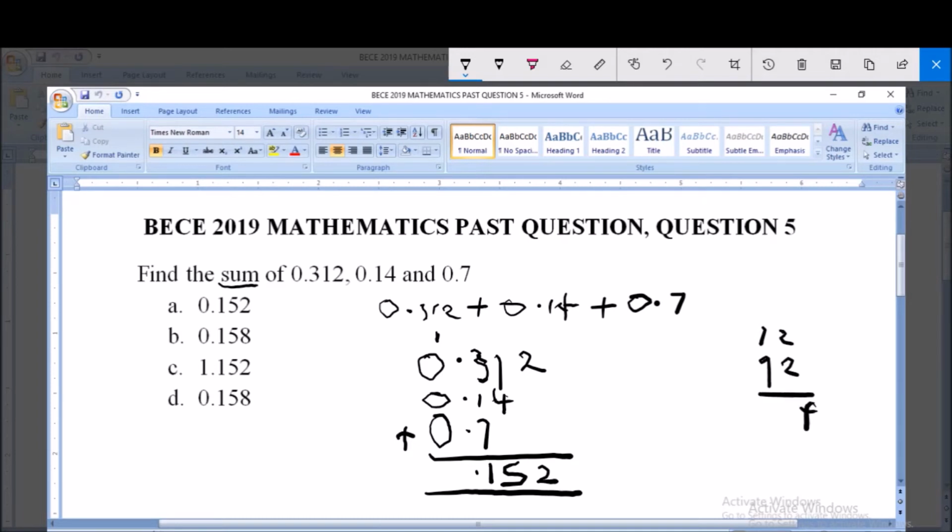Now when you come here and you add your 9, because you're having a 10, a 2 place value, you put your 0 and bring the 1 to this other side, and then put your 1 down. So likewise, it also applies to addition using decimals. Now here, because we have 11, and this 11 is a 2 place value, you put your 1 here and take the 1 to the other side of the decimal.